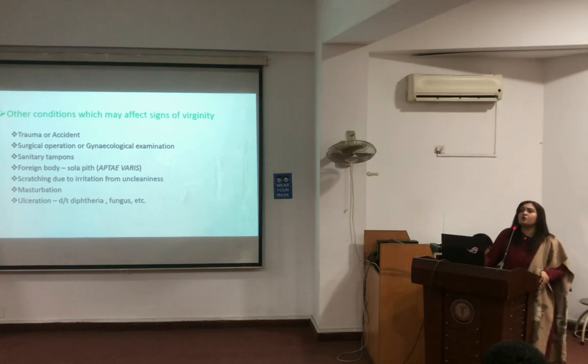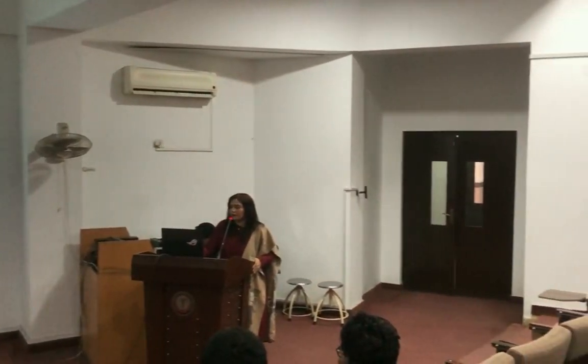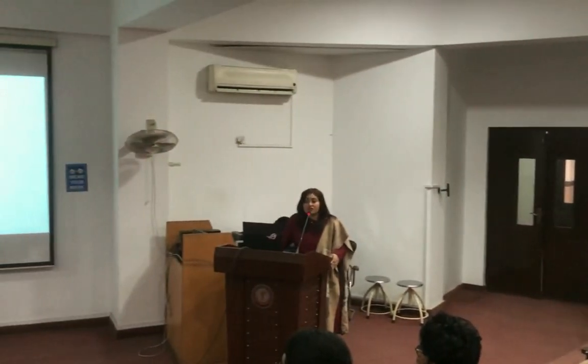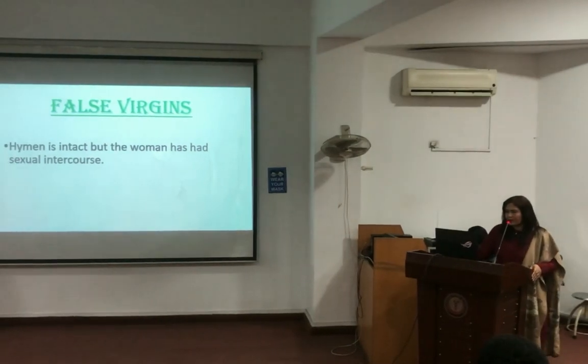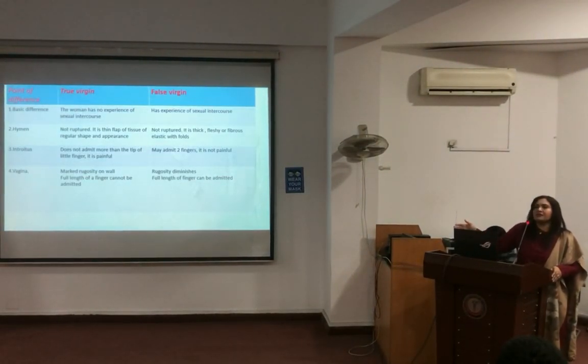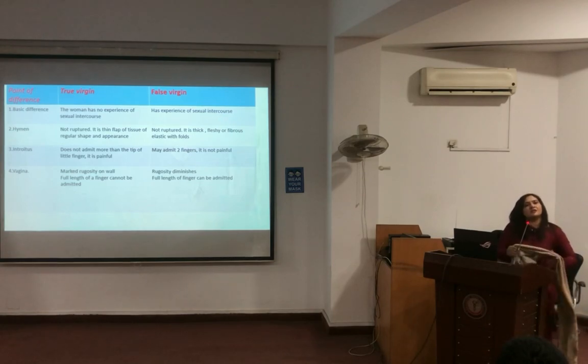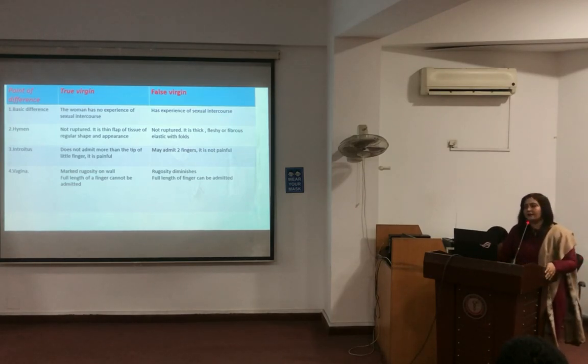So a true virgin may not have a hymen because of these conditions. A false virgin, as I told you, has an intact hymen, but the woman has had sexual intercourse. This table is given in your books, where the difference between them is mostly because of the position of the hymen and the 2-finger test.